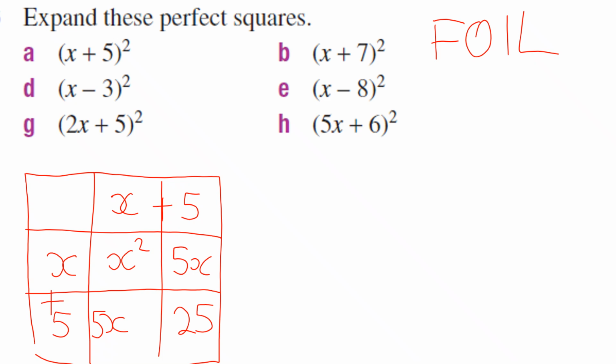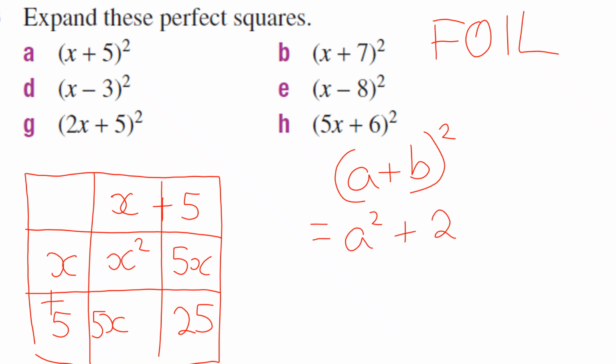And what they should work out is that if we have a plus b all squared, we will get a squared plus 2ab plus b squared. And you can see that's what we've done in our grid over here.